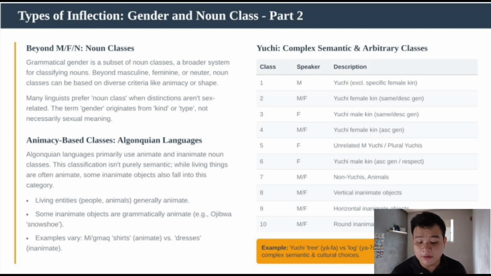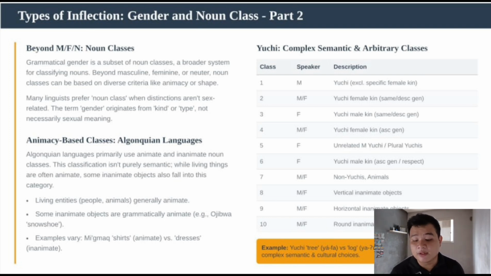Many people know only the basic gender categories like masculine, feminine, and neuter. But in reality, noun class systems can be much more complex and can be based on many other ideas. Some languages do not use gender at all and instead classify nouns based on things like animacy, shape, or cultural importance.